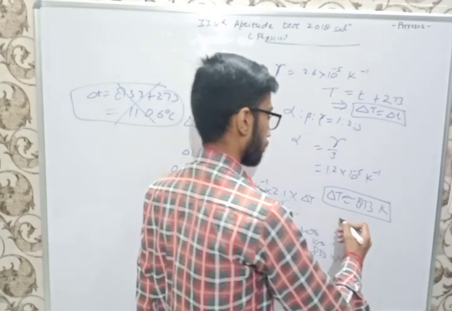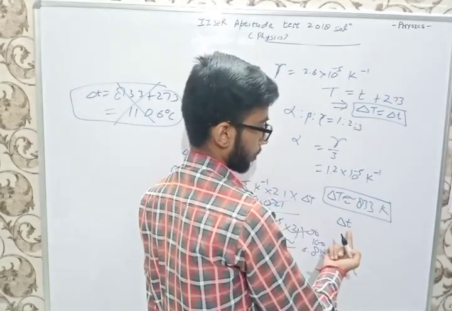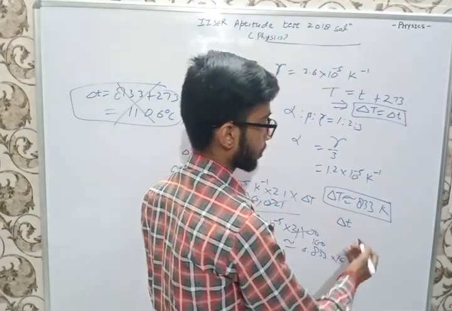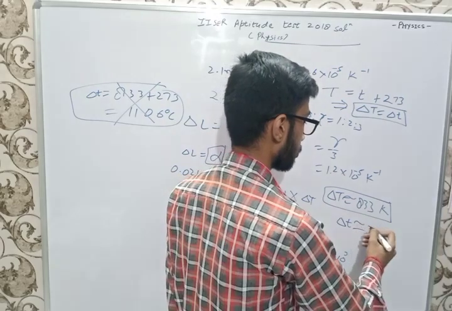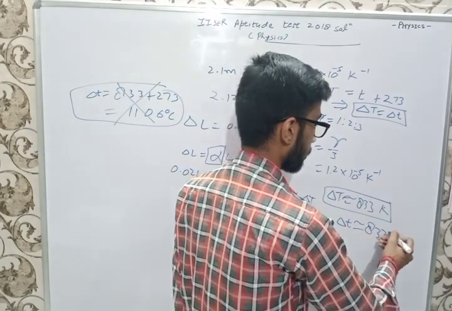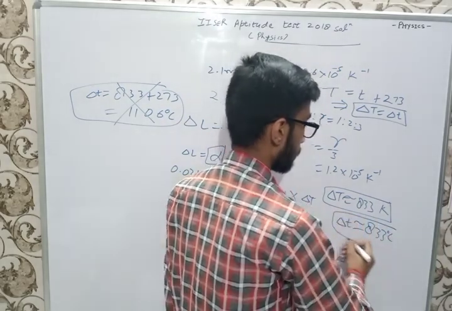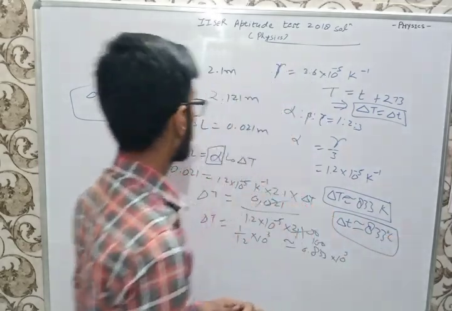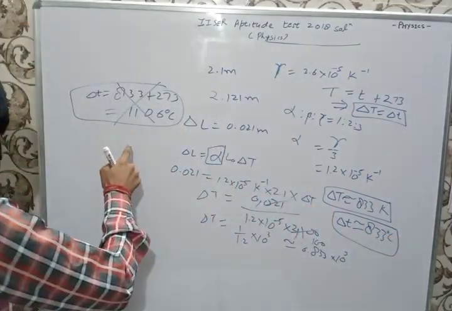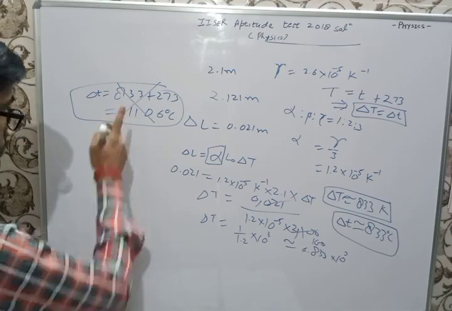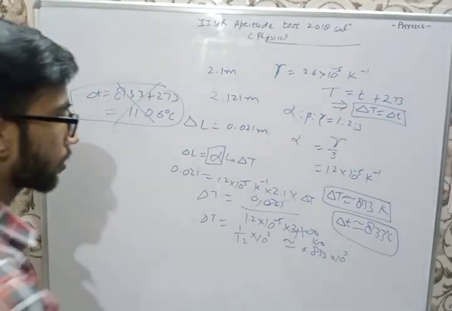So delta T in degree Celsius is also 833 degrees Celsius. It is the answer. Don't do anything like this. Okay, so the answer is this.